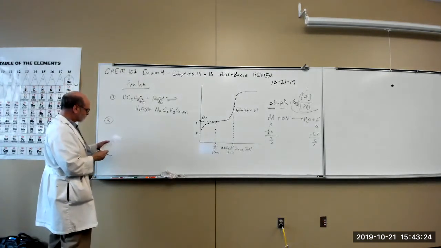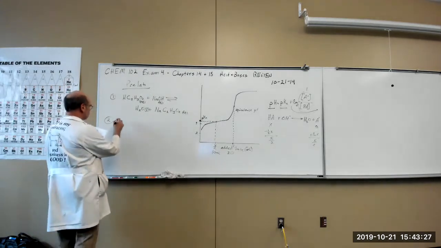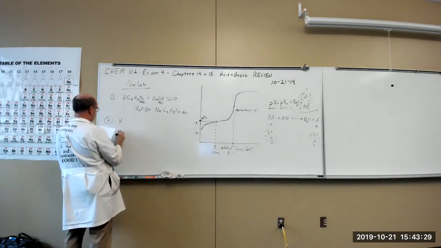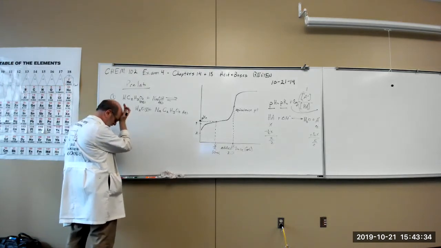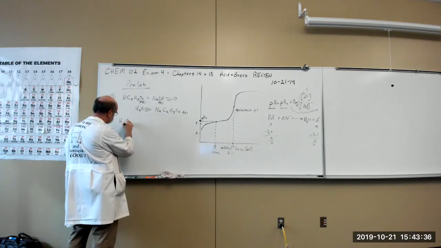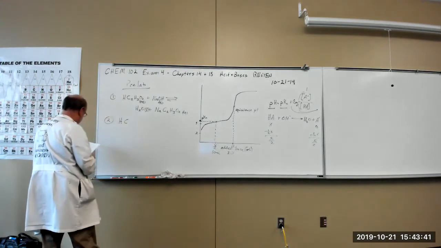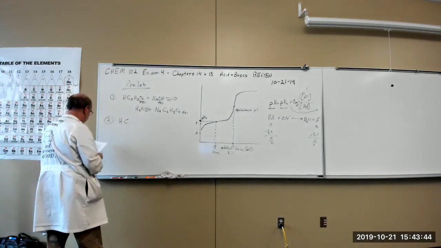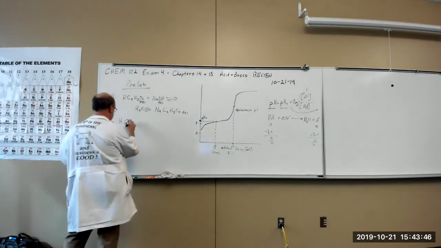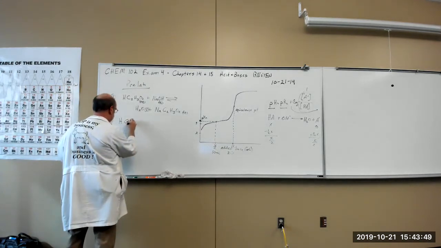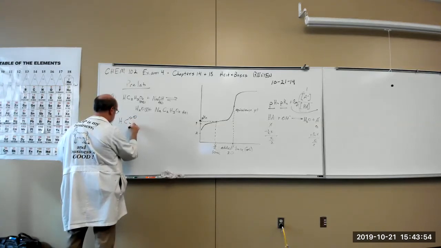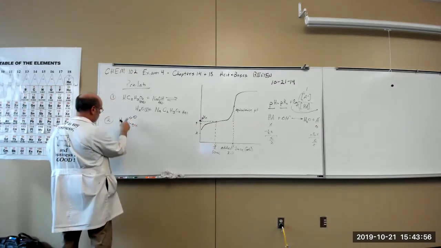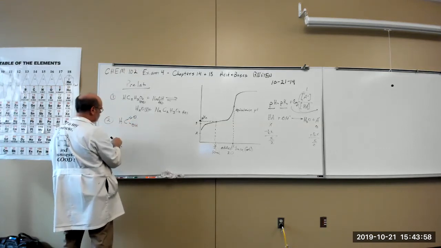Okay, the second one, the Ka of formic acid. So here's formic acid.